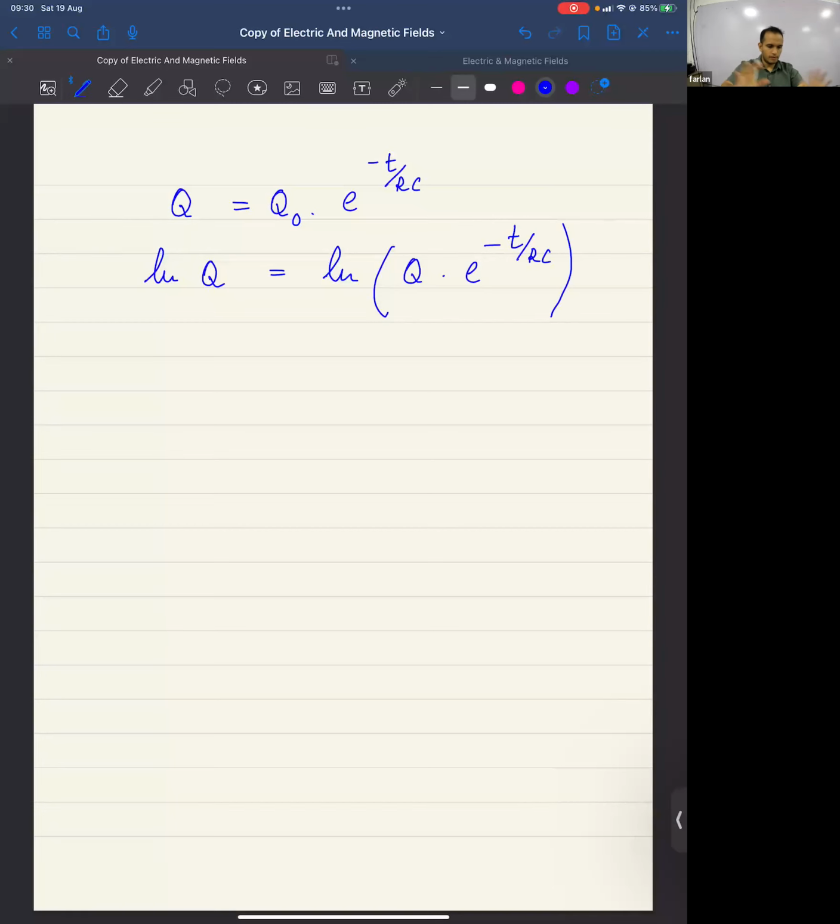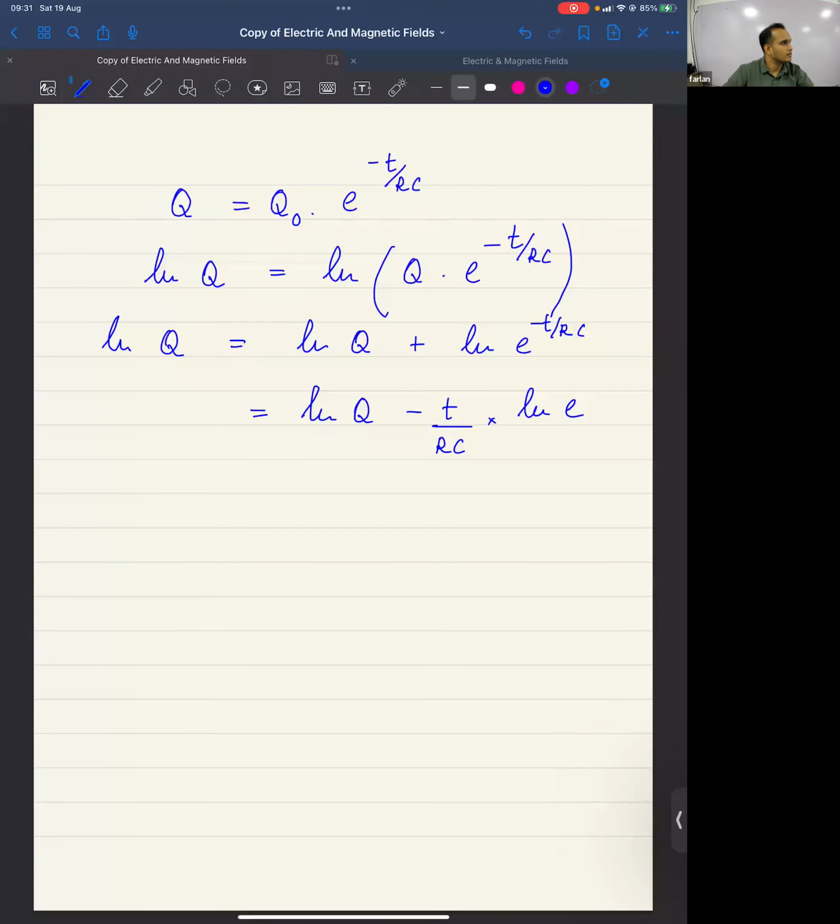So we have the equation Q equals Q naught e to the power minus T over RC. I'm taking ln on either side. So ln Q equals ln of this entire thing, and I'm going to use the product rule here, which is ln Q naught plus ln e to the power minus T over RC. This power minus T over RC will come in front, power rule. So it will be minus T over RC into ln e.